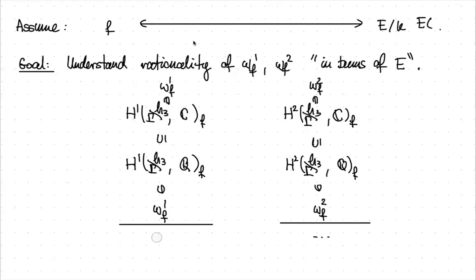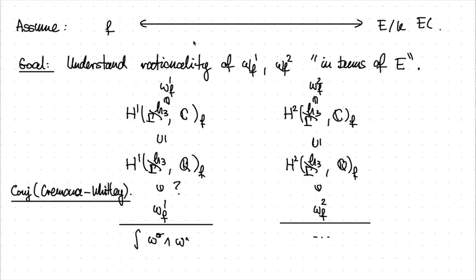Okay, so the first, the rationality of this H1 class is a conjecture due to Cremona and Whitley. That the period that you get out of this form should be the following thing. You'll take a Néron differential on the elliptic curve, and you'll wedge it with its conjugate and integrate that over the elliptic curve.